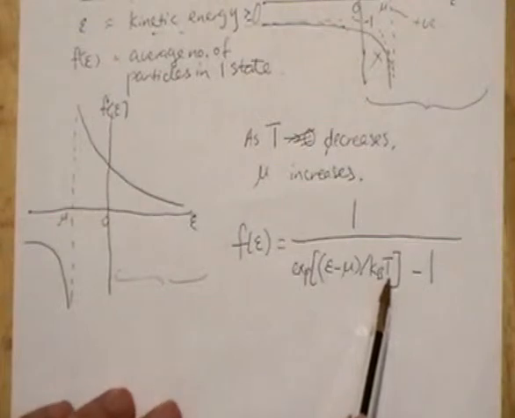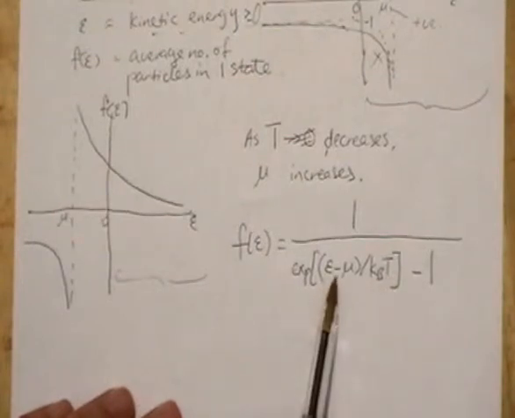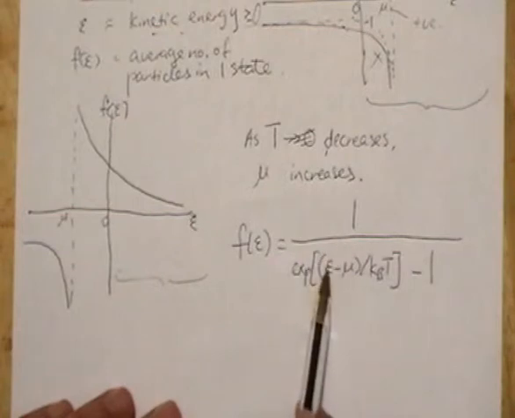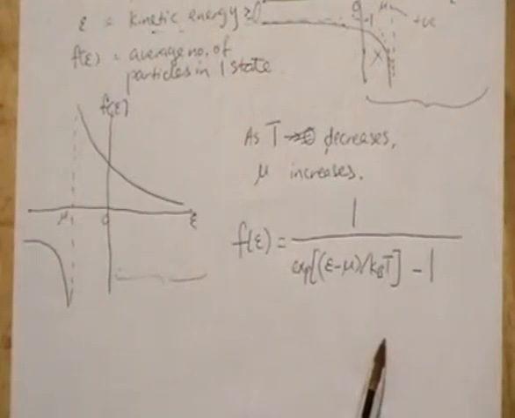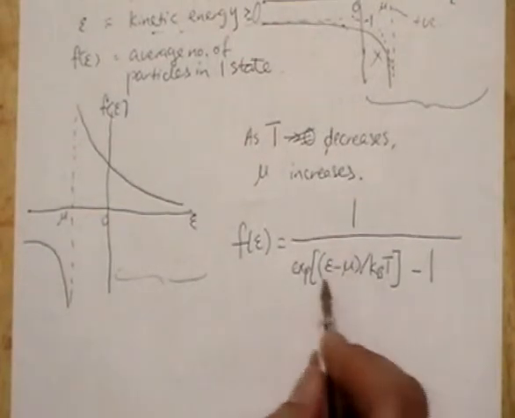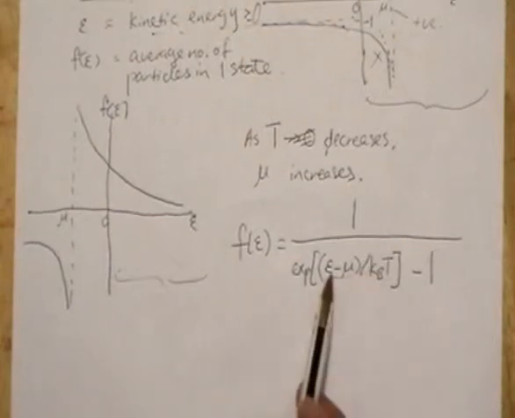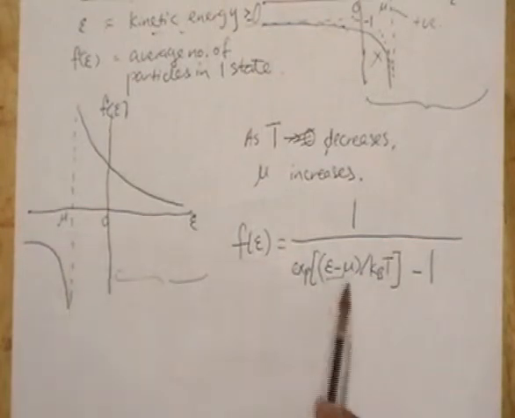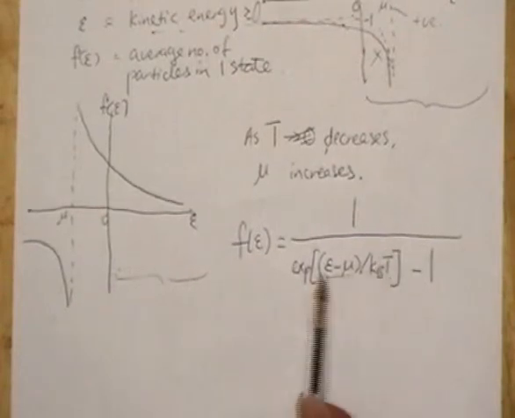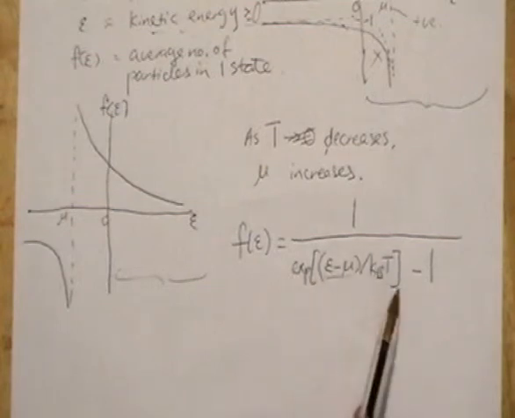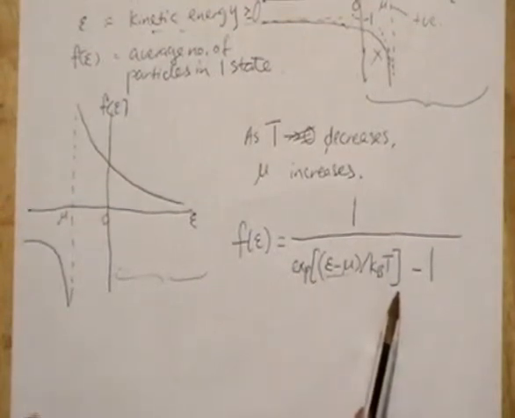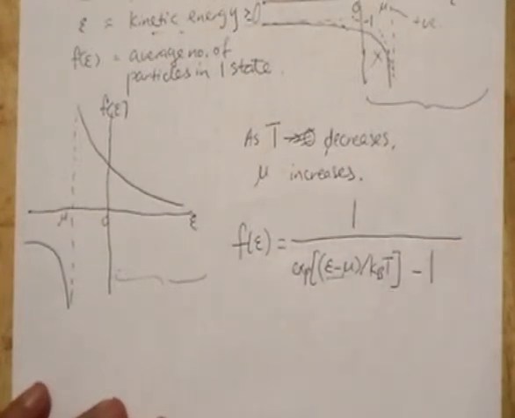If T decreases, T is in the denominator of the argument. If T decreases, this over T, the argument, increases. Right? We know that E minus mu must always be positive, since E is positive and mu is negative. So as the denominator decreases, the argument increases. So the exponential of this increasing number also increases, and 1 over that decreases.